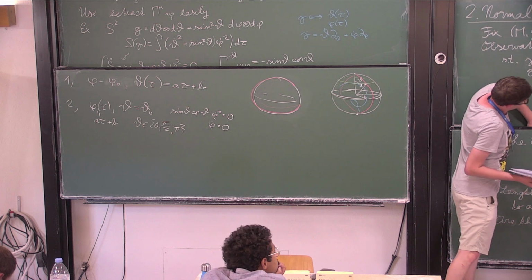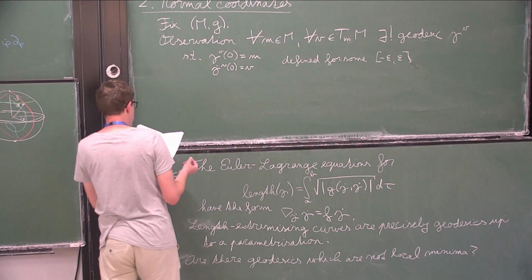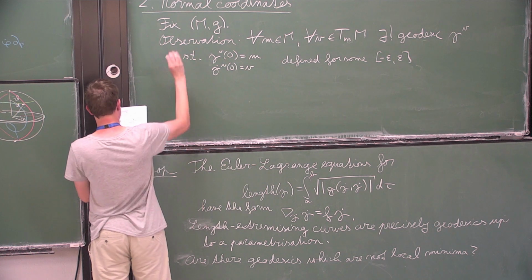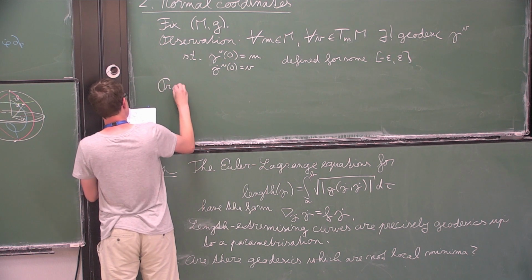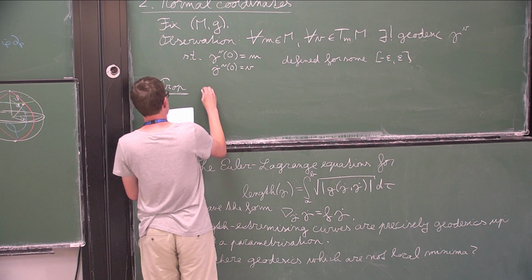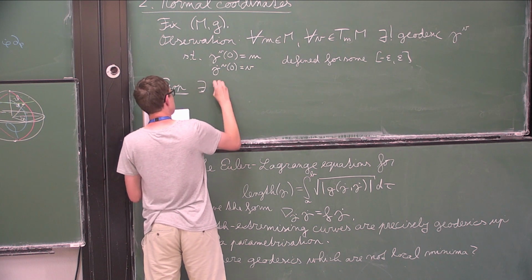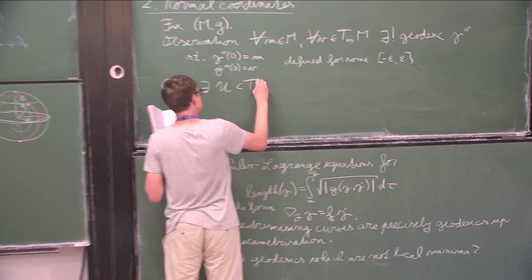Okay, let me stay with that. Then the proposition is that there exists an open set U in the tangent space.